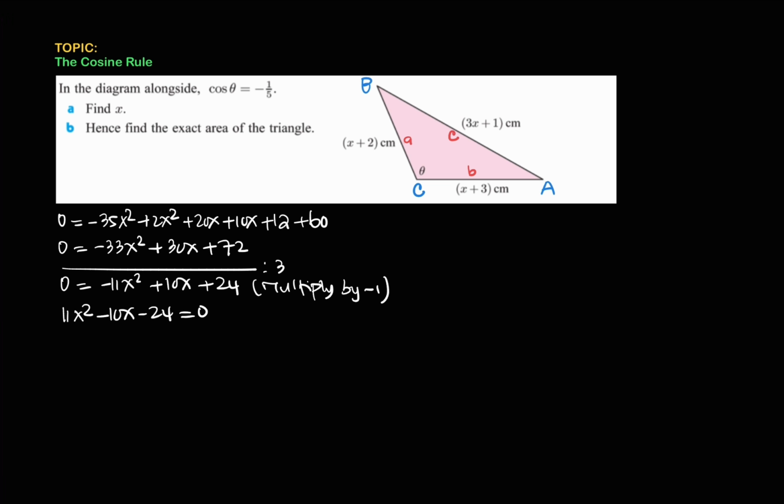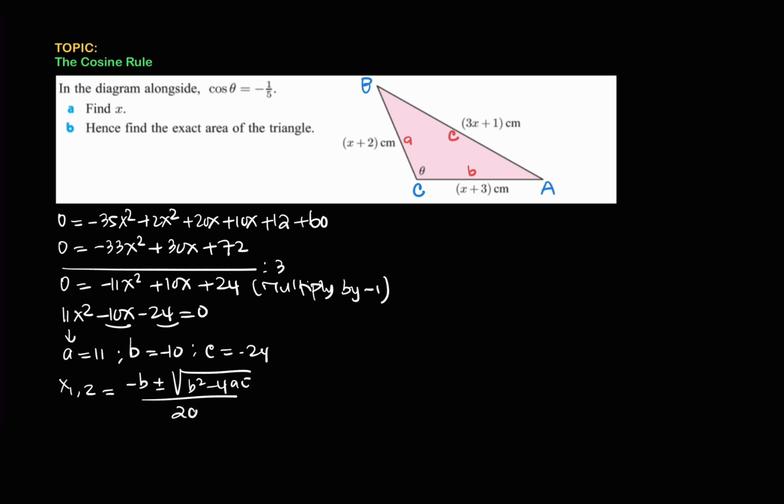Now we can find the values x1 and x2. Remember that a is 11, b is negative 10, c is negative 24. So we apply x1,2 equals (-b plus or minus the square root of b squared minus 4ac) over 2a.